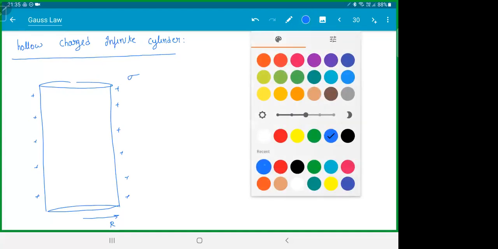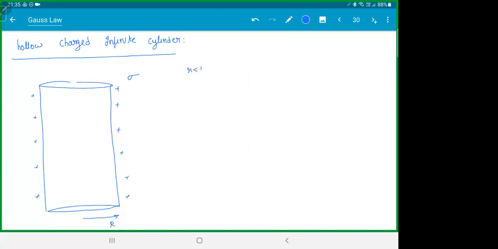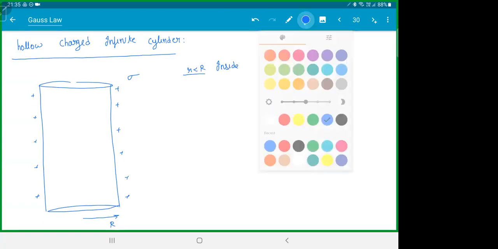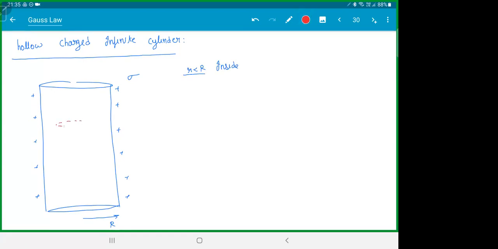So first thing, for r less than R, meaning inside, consider a Gaussian surface. So I will take a Gaussian surface like this. What is the flux? Let this radius be small r and let this length be L. The flux will be field into 2 pi r into L. Agreed?